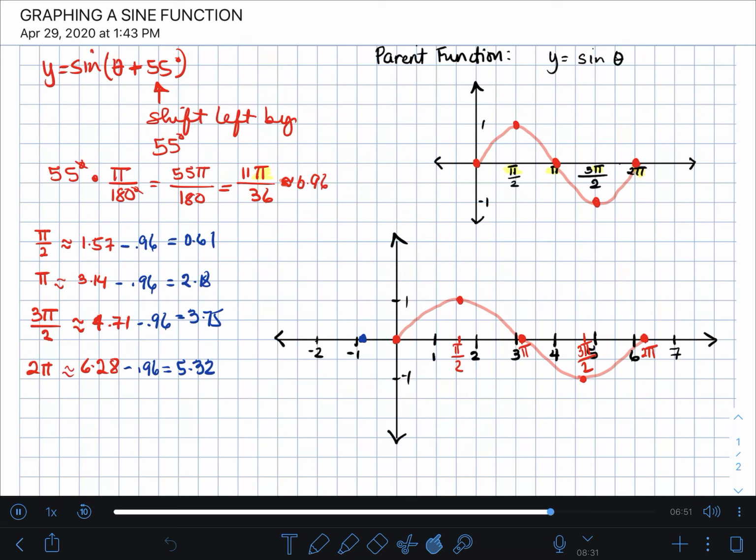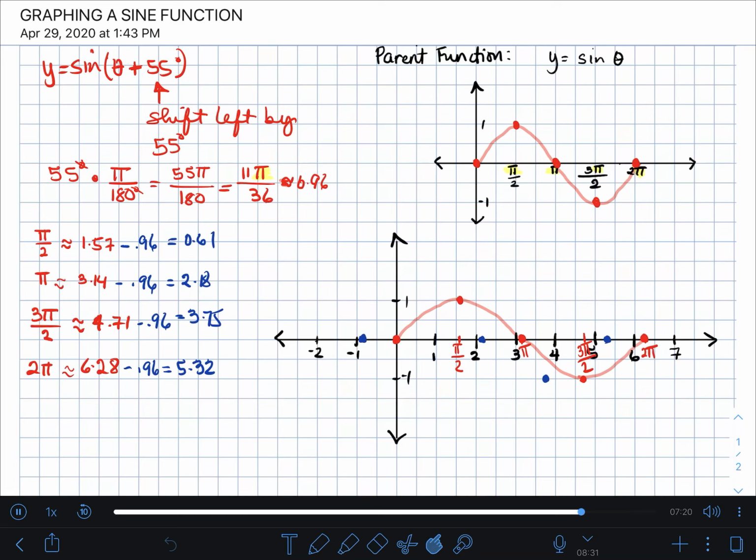And then for pi, it's going to go to 2.18, so somewhere there. And then 3.75, so somewhere here. And the last one is 5.32, so 2 pi is moving to 5.32, somewhere there.